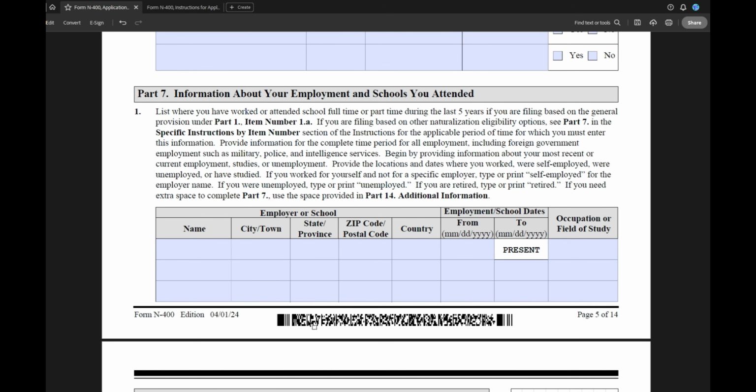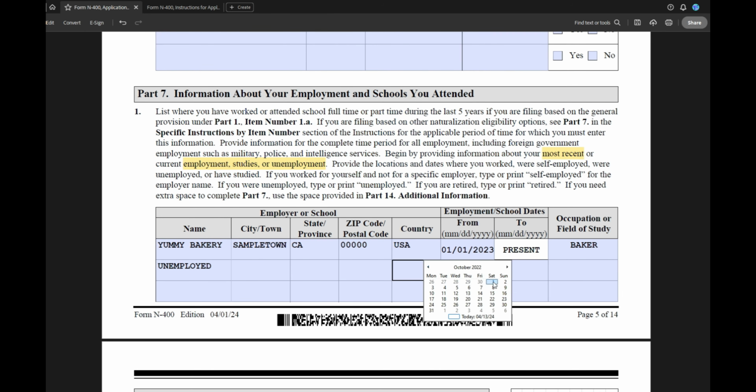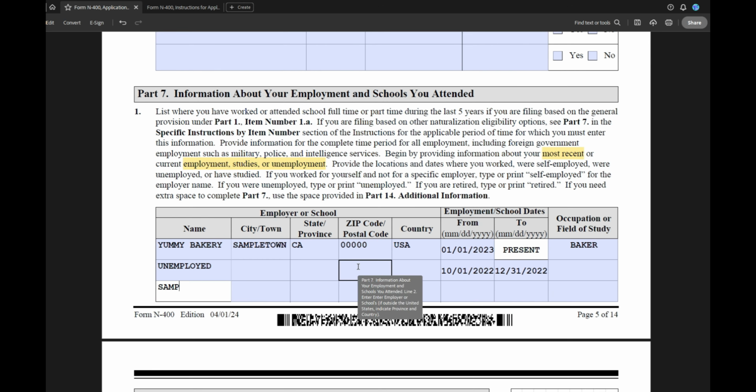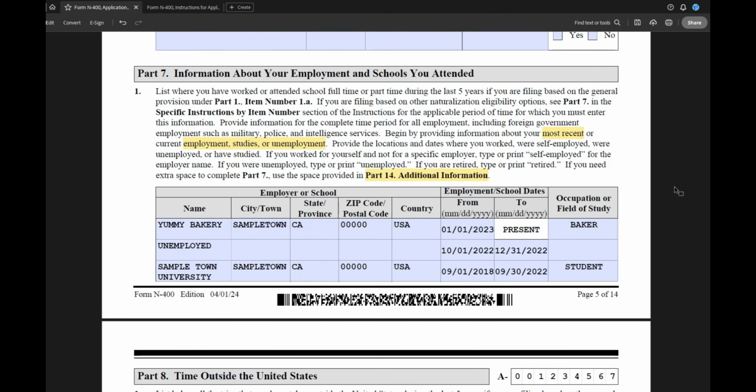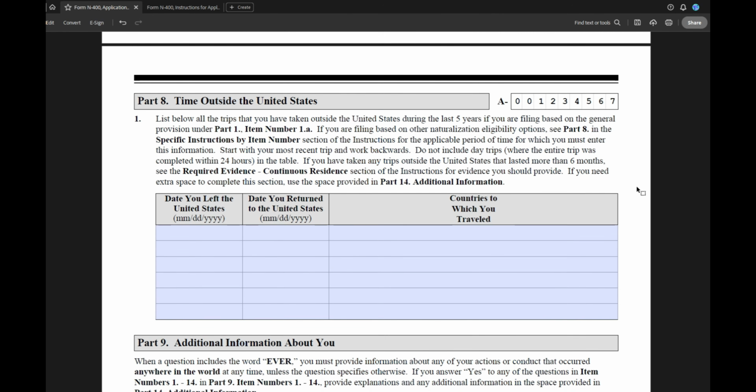And also here you will need to provide periods of employment, studies, and unemployment, starting with the most recent. You should not be leaving any gaps here. So once you have filled in your employment and school history, move on to the next part.